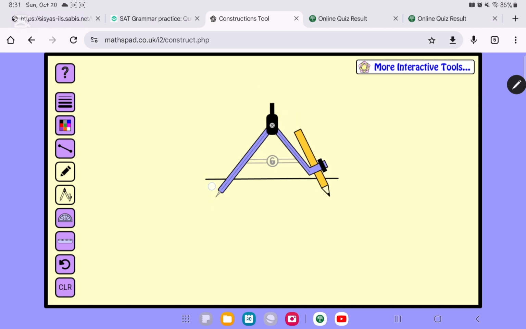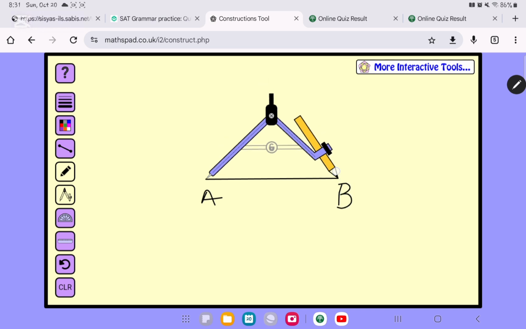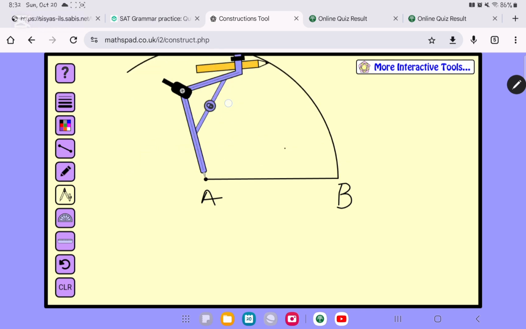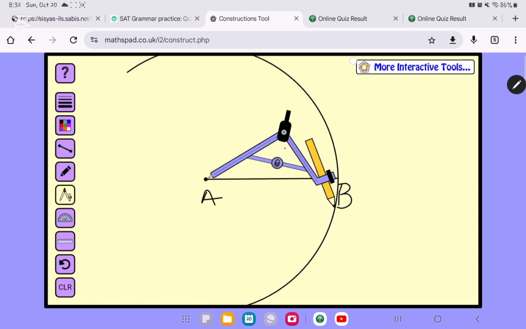Let's name the segment AB. So now we take the compass and we measure the radius of AB. Okay? So, with center A, we're gonna draw an arc. Like this. Okay? It's a big arc.